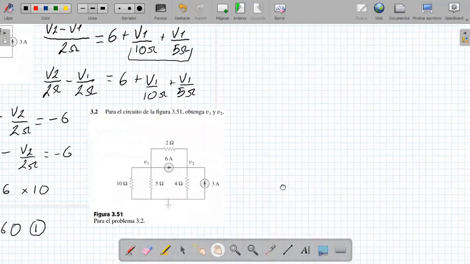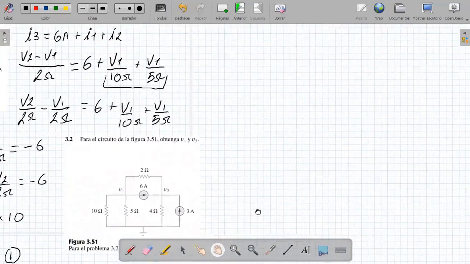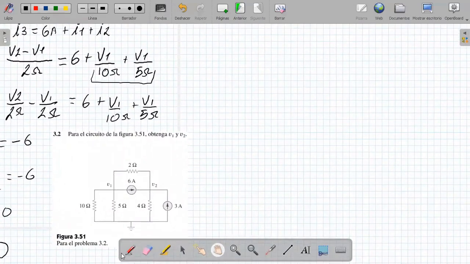I'm doing that to get on this side for doing the node 2 equations. Here I come. I'm going to put node 2 here.